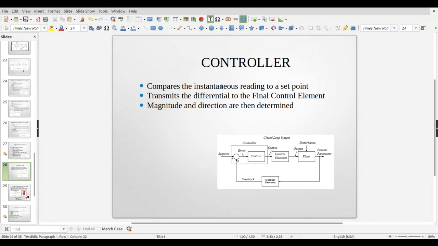All right, so just looking at this, the controller compares the instantaneous reading to the set point. Now, I'm reading that, and that may not be quite accurate. It is reading the instantaneous value at the scan time. So remember, when we do our scan, we come through and we read our inputs.